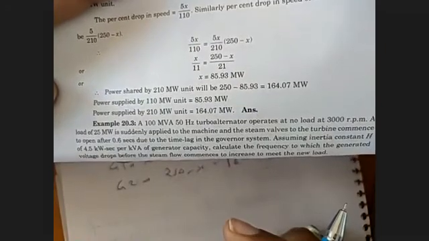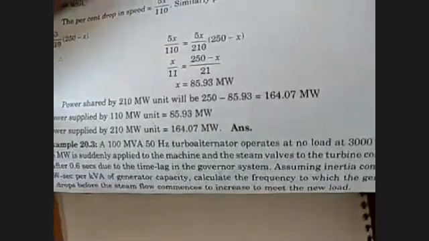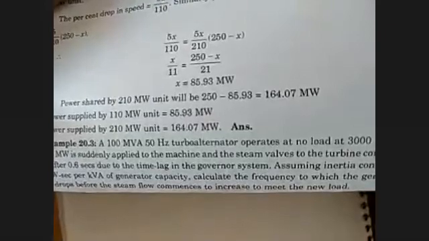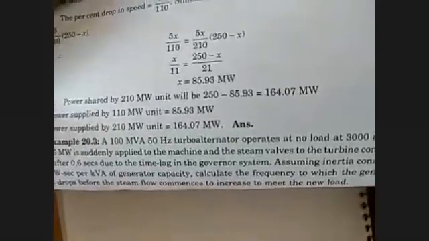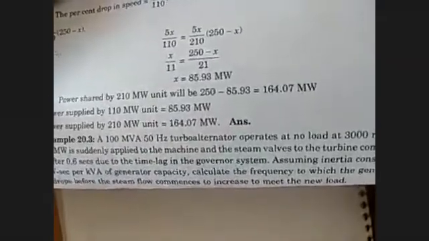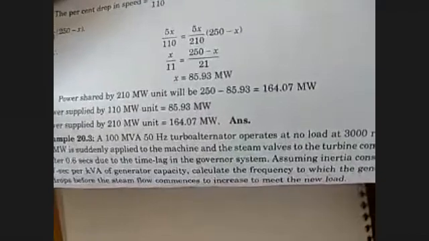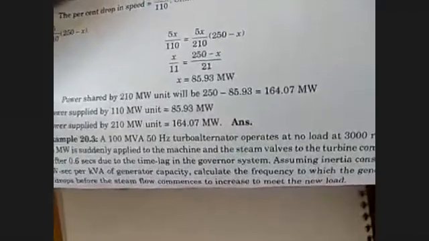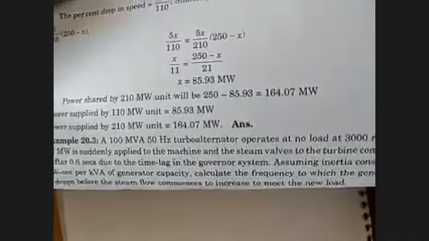A load of 25 megawatt is suddenly applied to the machine, and the steam valve to the turbine comes to open after 0.6 seconds due to time lag in the governor system. Assuming inertia constant H of 4.5 kilowatt second per kVA, calculate the frequency to which the generator voltage drops before the steam flow increases to meet the new load.